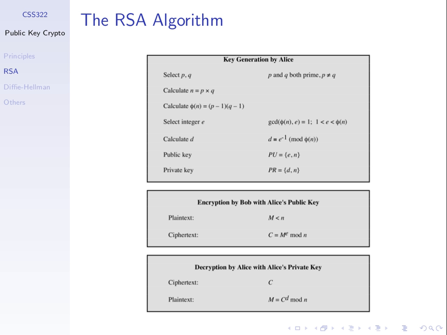With RSA, it turns out if we encrypt with the public key, we can only decrypt with the private key, and the same in the other way. If we encrypt with the private key, we can only decrypt with the public key. What's the difference between E and D? The difference between the public key and the private key is that PU has E, PR has D. When we went through the generation, we had E times D equals 1, mod the totient of n.